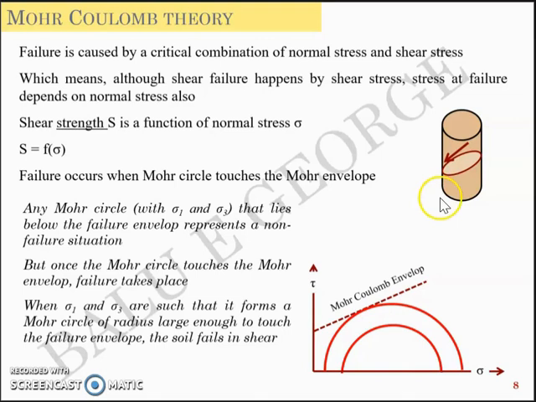Which means that if you increase sigma 1 to 25, there's no chance to apply that load, because the soil already failed. That is the concept given by the Mohr Coulomb envelope and the Mohr circle.